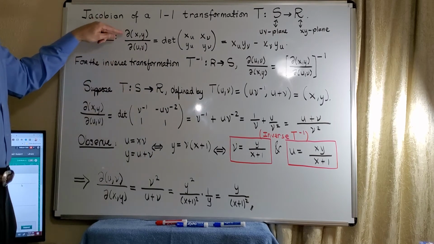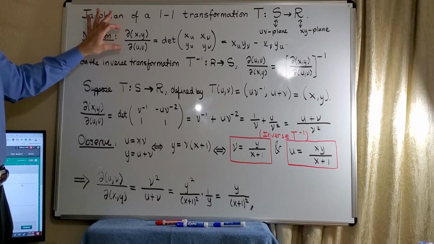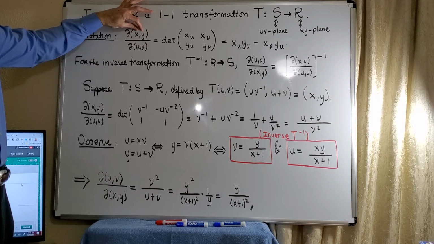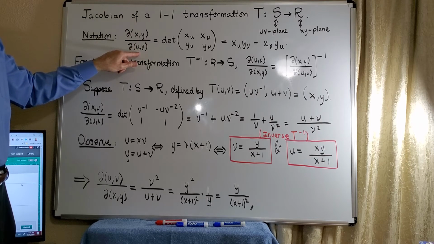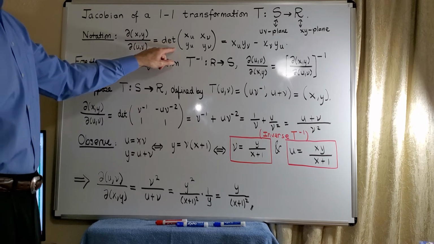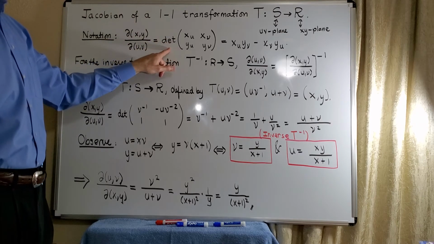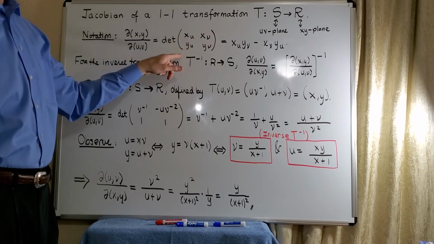And so what we think of is the Jacobian determinant, where we're applying partial derivatives to the functions x and y, which are written in terms of u and v. Here's the fancy notation for it, and the definition is just the determinant of this Jacobian matrix.